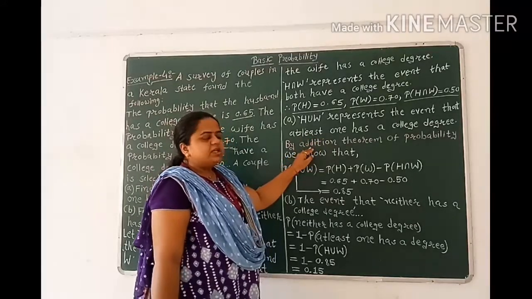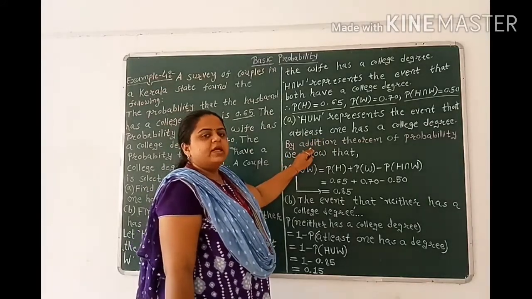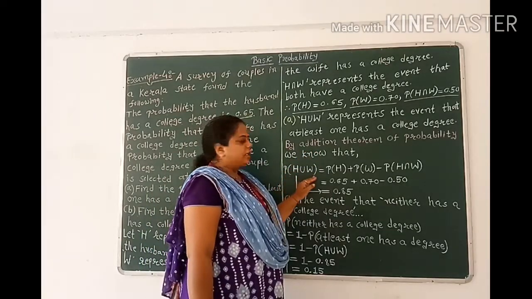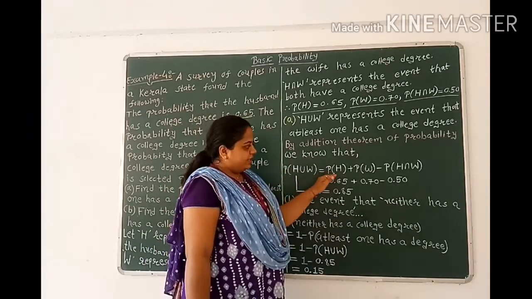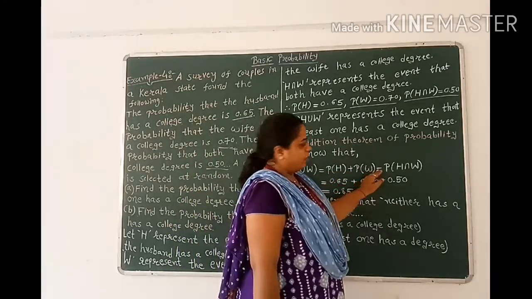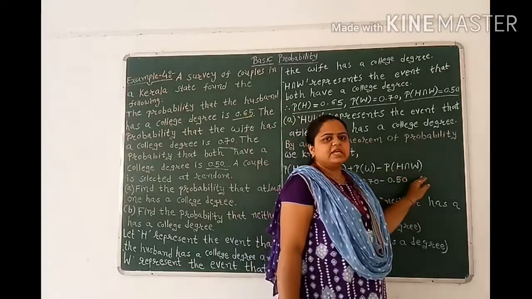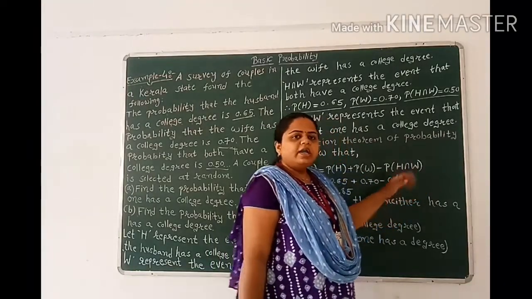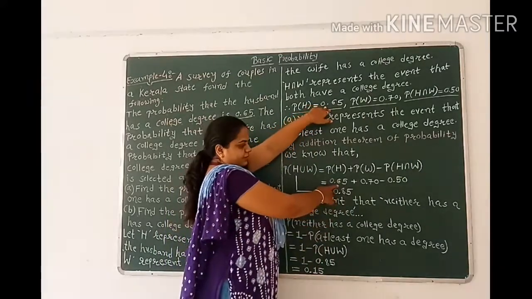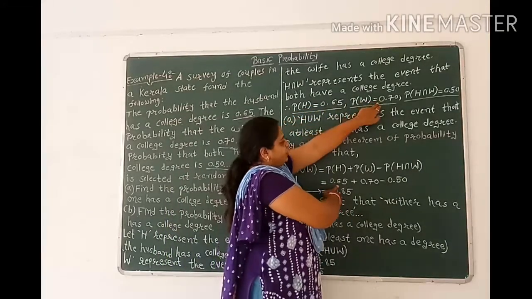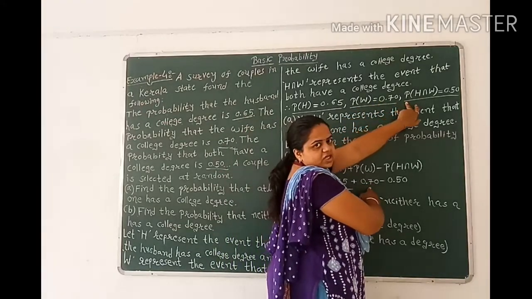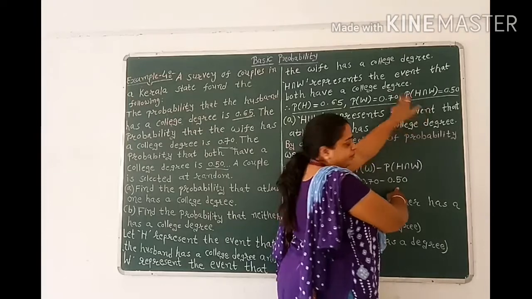And by the addition theorem of probability, we know that probability of H union W equals probability of H plus probability of W minus probability of H intersection W. Already we have probability of H equals 0.65, probability of W equals 0.70 and probability of H intersection W equals 0.50.